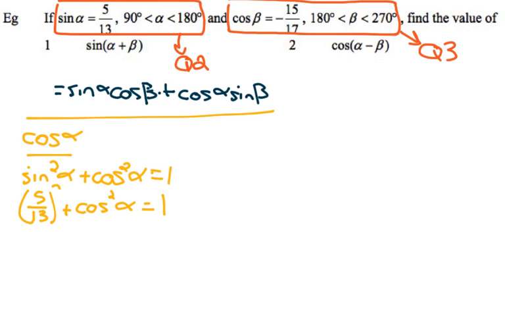Oops, forgot 5 over 13 squared. That's kind of important. So 5 over 13 squared is 25 over 169. I'm going to change the 1 into 169 over 169.